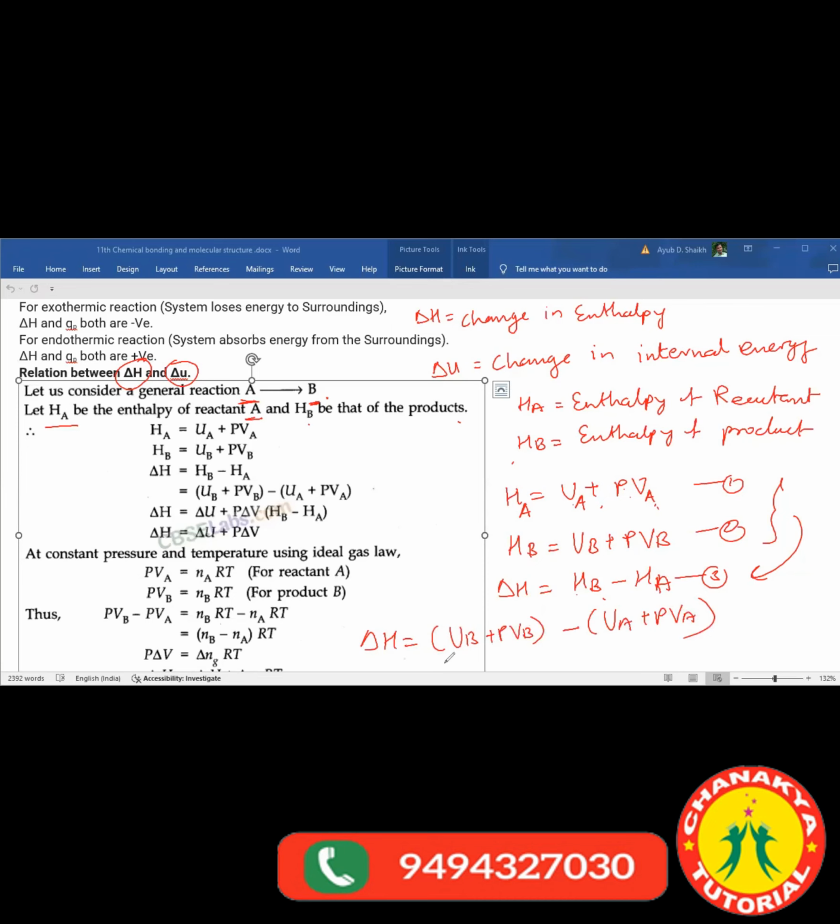Now what we are going to do is take these terms together, UB and UA, with the subtraction sign staying the same. Can we do that? Yes.